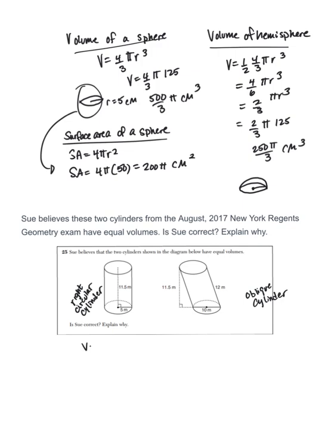Because volume, remember, is pi r squared. Well, let's go back to base area. It's the base area times the height. But the base area for both of these are pi r squared. The height for both of these are 11.5.